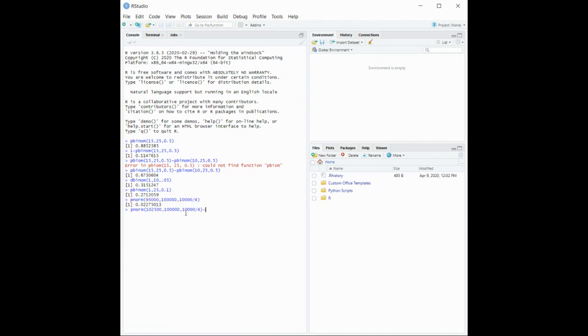And we're going to do minus P norm of the other one, which was 97,500. Again, the mu was 100,000. And the standard deviation was 10,000 divided by that 4. Okay, so that should give you 0.68.